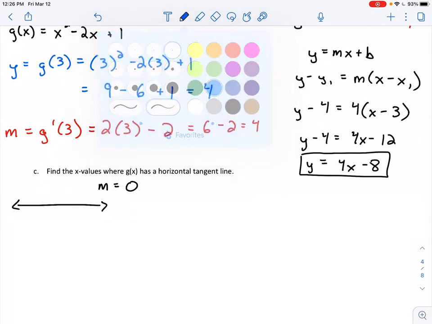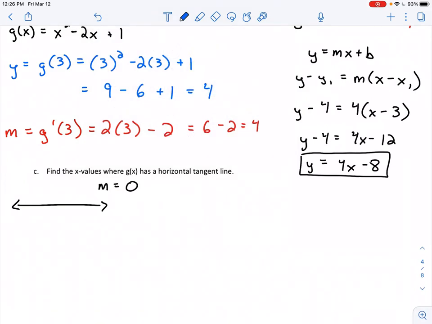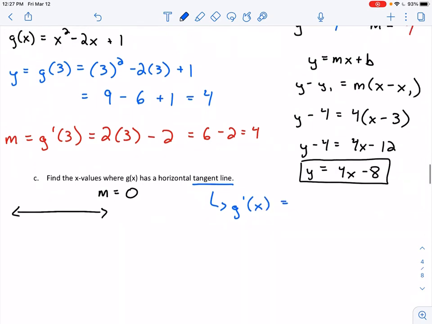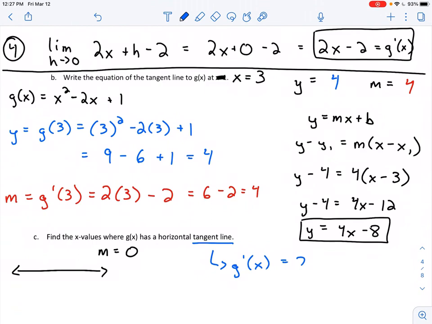The other thing that stands out to me in this problem is I'm thinking about tangent lines. And when I'm thinking about tangent lines, I'm thinking about the derivative. So really, almost every time you see the word tangent line, I want you to start thinking about the derivative g prime of x, which we said was 2x minus 2.